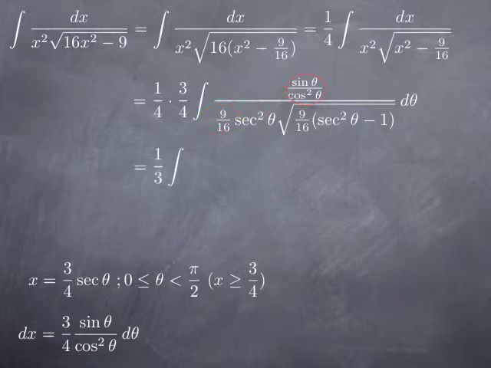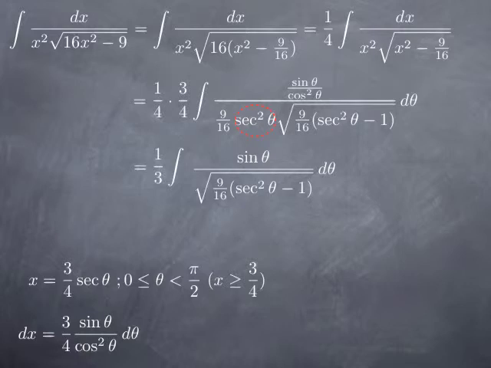And then in my integral I have sine theta over cosine squared theta, that's really sine theta multiplied by secant squared theta. That is divided by secant squared, so the 1 over cosine squared at the top and secant squared at the bottom cancel out. And I end up with just sine theta at the top and my root at the bottom. I can pull out 9/16 out of the root, and that gives me 3/4 outside of the root.